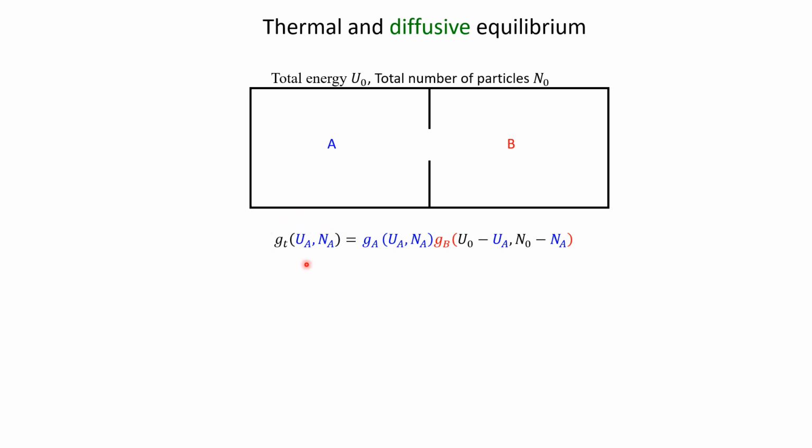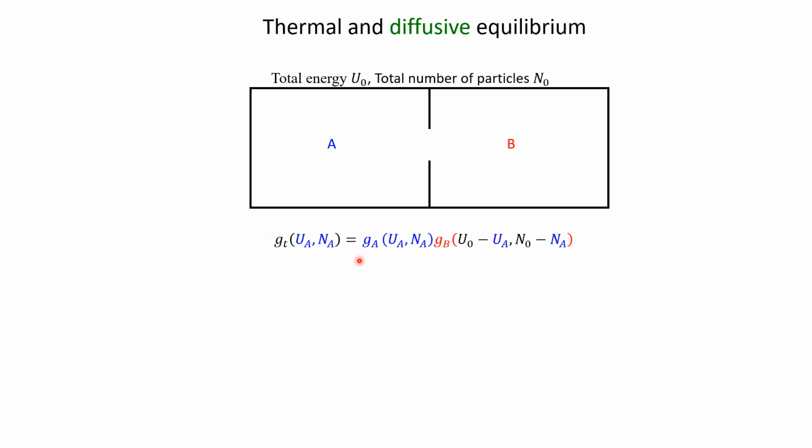So the multiplicity of the total system evaluated at UA and NA is the number of states of the total system having system A with energy UA and number of particles NA. It's basically just an extension of the notion we learned in Lecture 4.